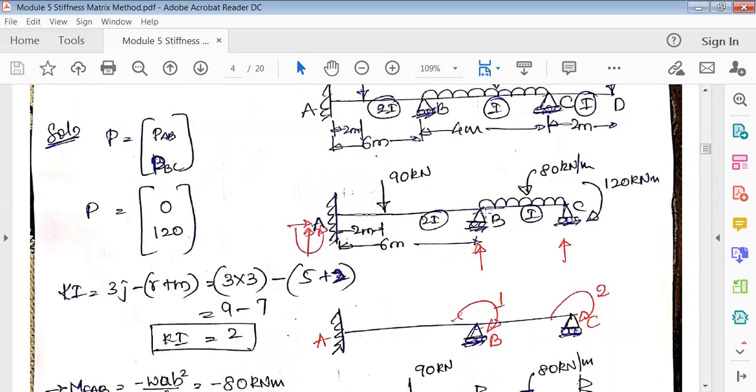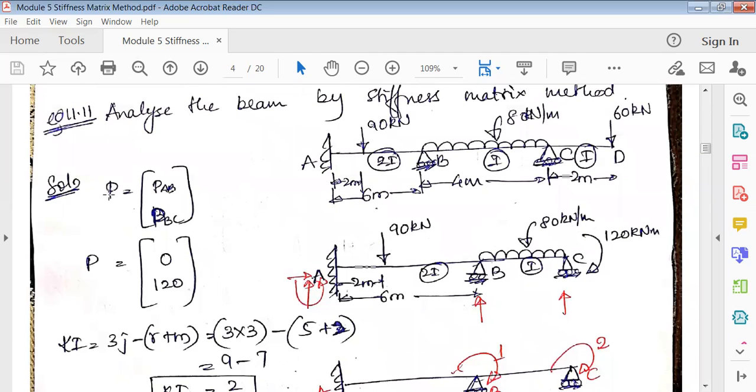All right, so now as usual, first find out the P. Now see here, capital P is nothing but the rotation, if there is any moment at AB or BC. Okay, so there are two joints here, so AB and BC. So in AB there is no moment here.